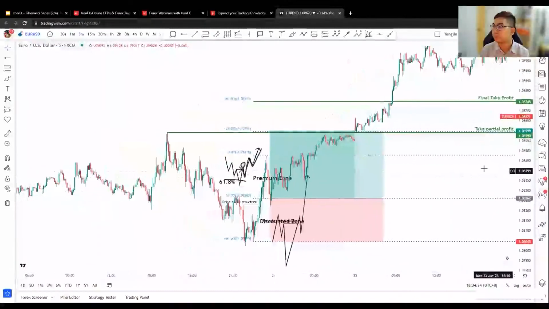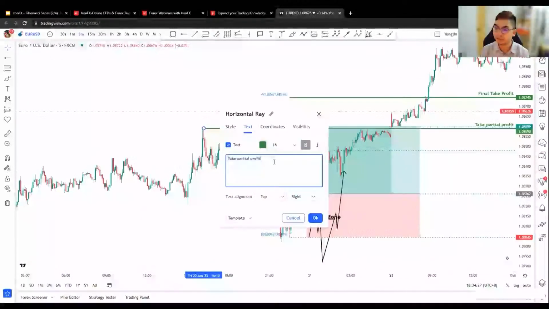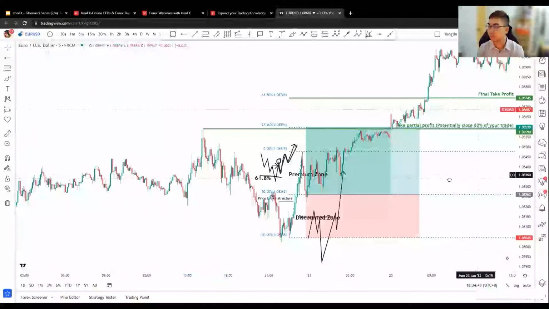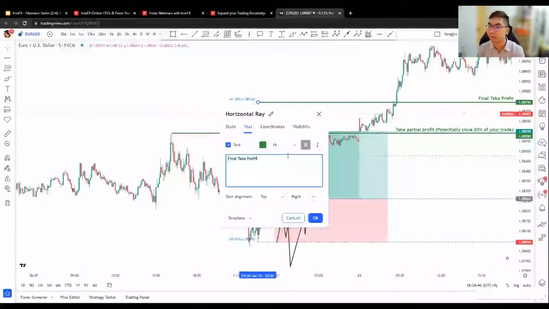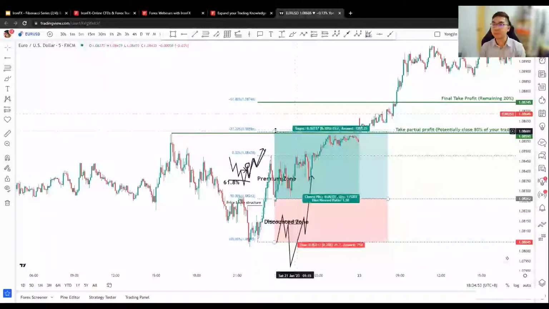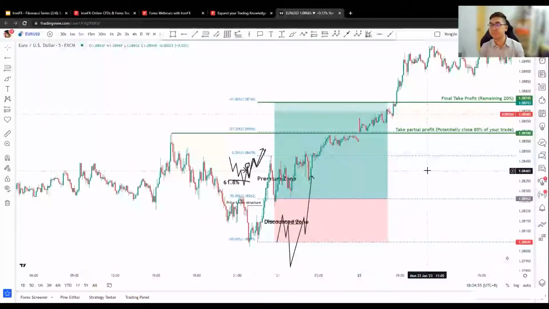So when you take partial profits, you can close, this is just a suggestion, this is not trade advice, potentially close 80% of your trade, and you leave the rest to run. So the final take profit is the remaining 20% of whatever you didn't close. This is how you can personally manage your trade just by using the Fibonacci expansions and extensions.